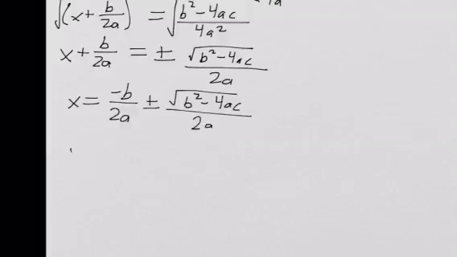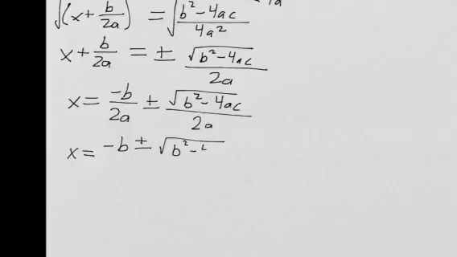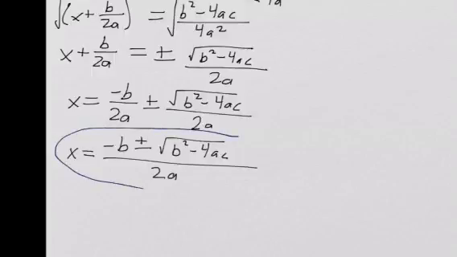So I get x equals negative b plus or minus the square root of b squared minus 4ac, all of that divided by 2a. Which you probably recognize from previous work as the quadratic formula.